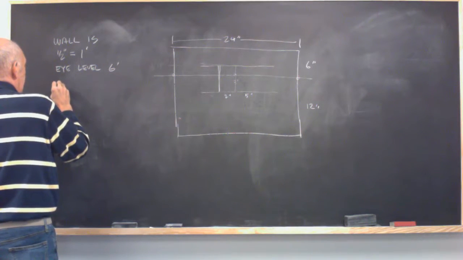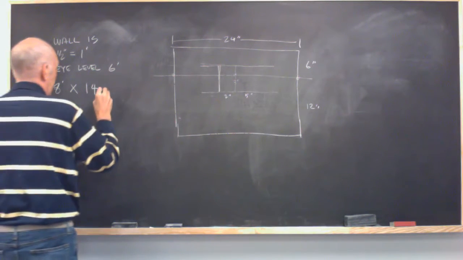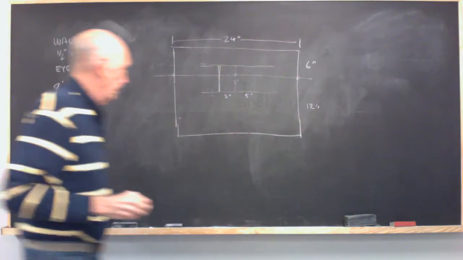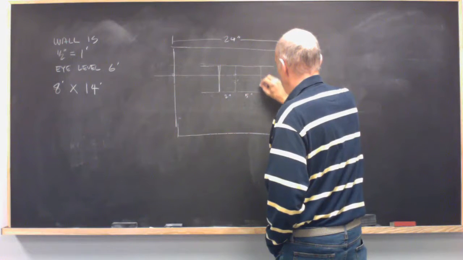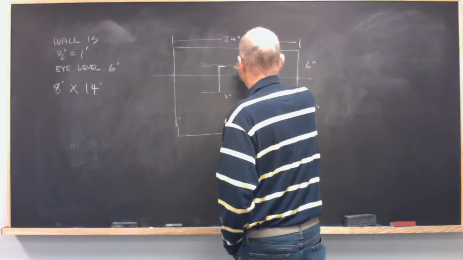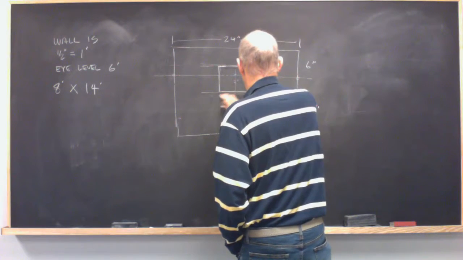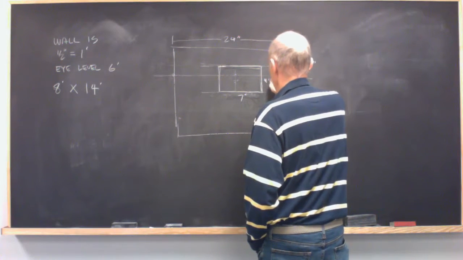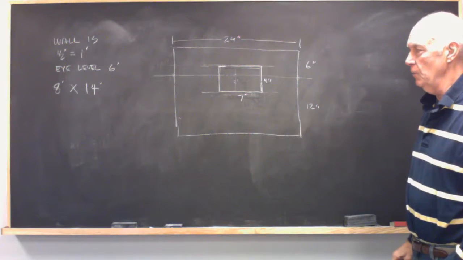The wall is 8 feet by 14 feet. We're going to draw that wall. So I measure over here 5 inches. This is 7 inches by 4 inches. That's a wall. I'm standing in a room that is 8 feet wide and 14 feet.